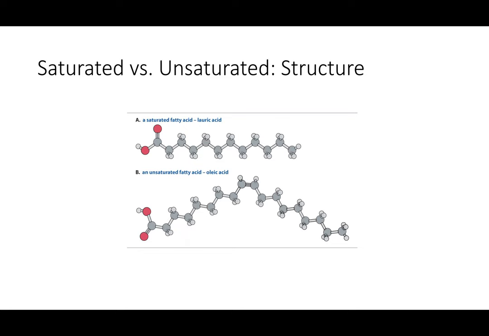Okay? So I'm going to start from the omega end. 1, 2, 3, 4, 5, 6. This is carbon 6. The first double bond is between carbon 6 and 7. This is carbon 8. This is carbon 9. So this is the second double bond. 10, 11, 12, 13, 14, 15, 16.